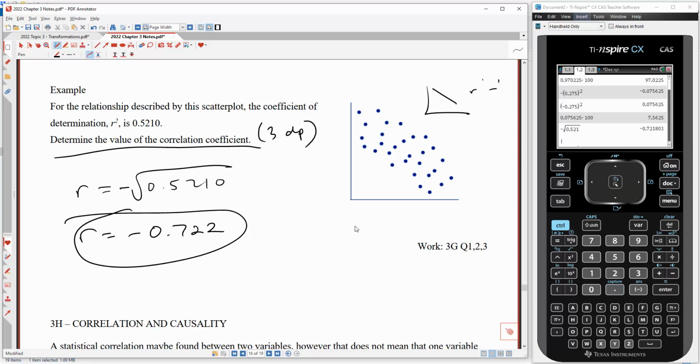And again, we can check this vice versa: if I bracket that and square it, it should take me back to my original R squared value. If I hit enter, here it is, 521, 521. All right, so the work is there.